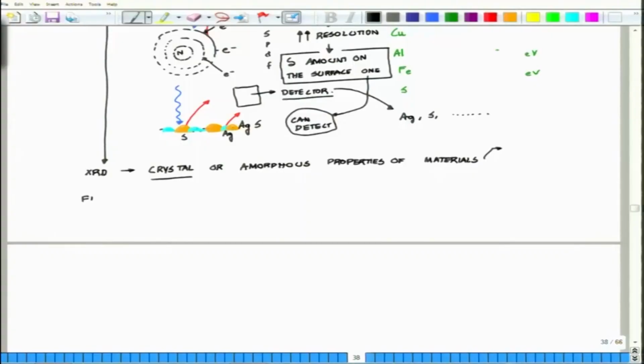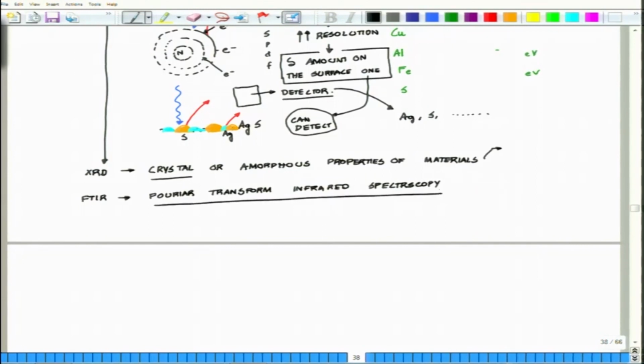Okay, the next in line will be FTIR, Fourier transform infrared spectroscopy. This technique gives you knowledge, and I am not getting into the depth of the technique, which I will leave for you to explore.